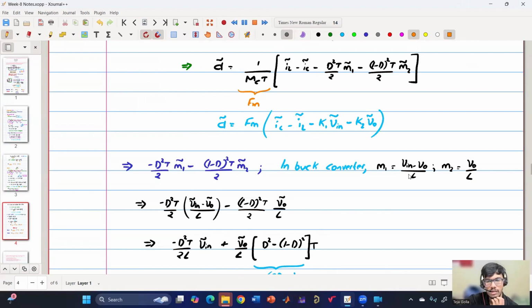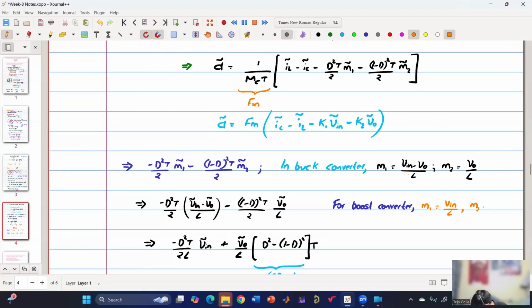So if we write M1, for the boost converter M1 is V in by L, M2 is V0 minus V in by L. So then it will be slightly different.